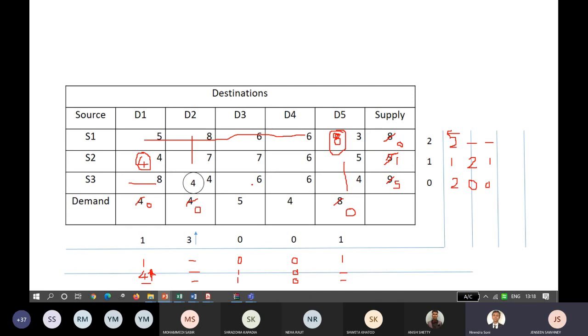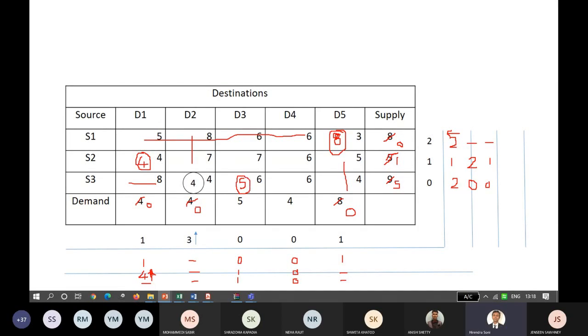Now, how much allocation is possible in which cell? In this cell, 5, and in this 1. So which one to be chosen first? This one, because we can make 5 units as an allocation here. So we'll make 5 here.